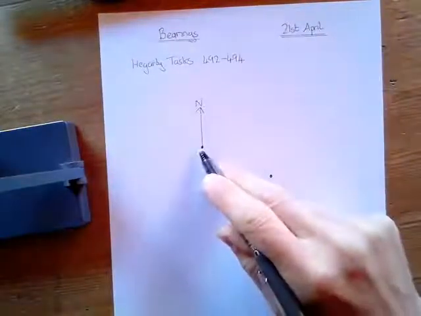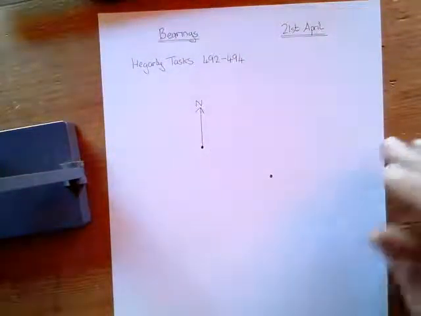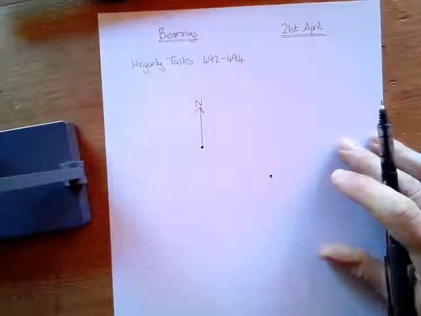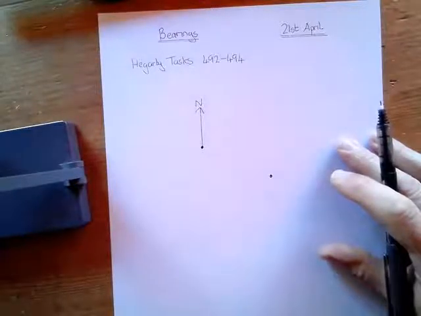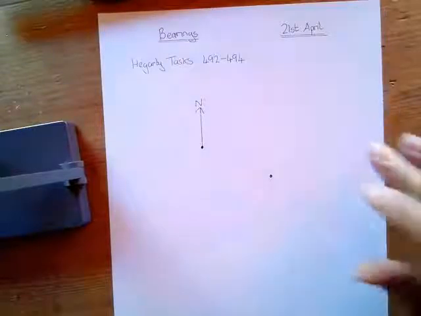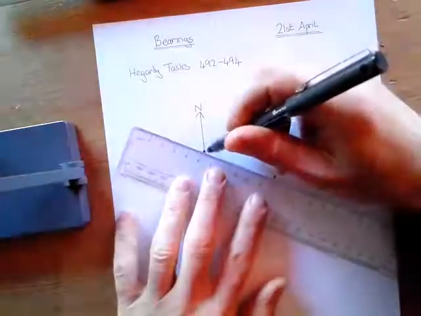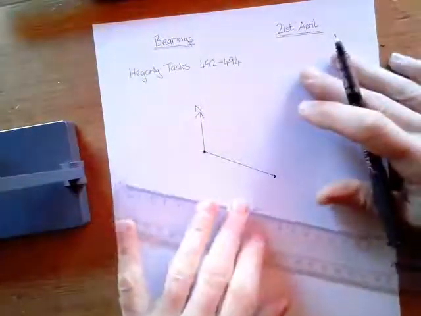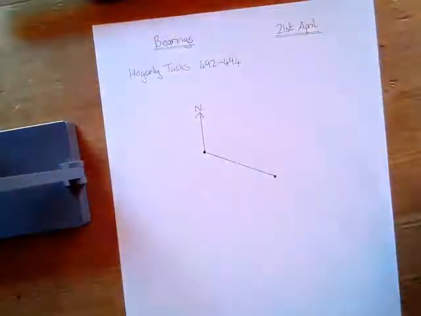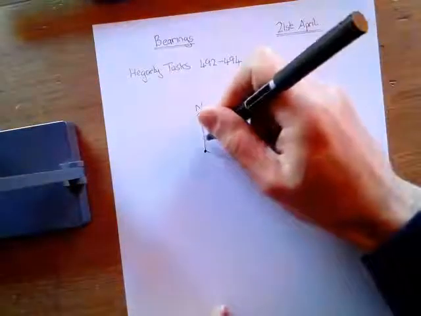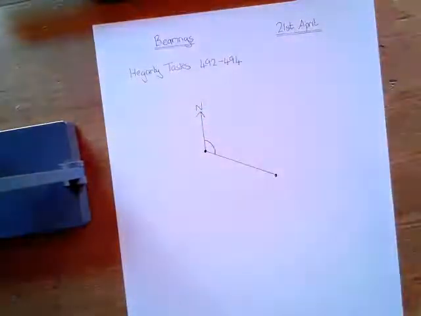I'm here and I'm trying to get to my friend's house here. I want an instruction as to the direction to travel. Well, that instruction could be the angle on which I should travel. If I just draw a line between these 2 points, then the angle that I'm interested in is this angle round here.